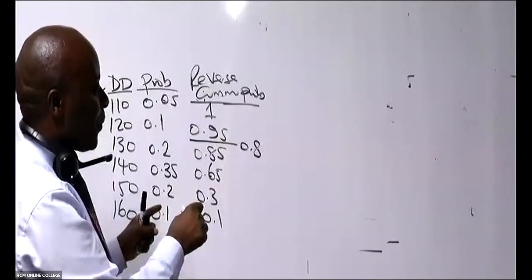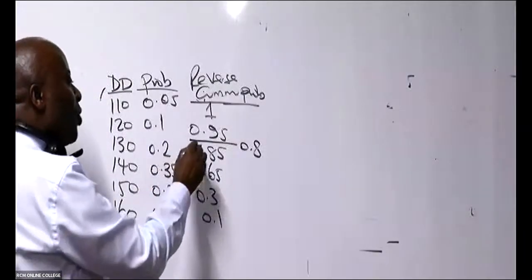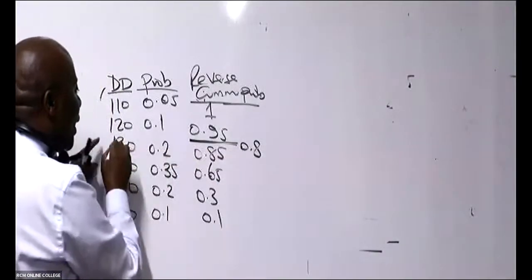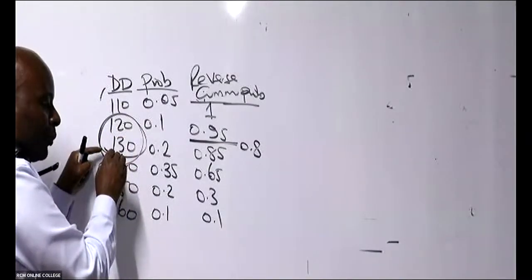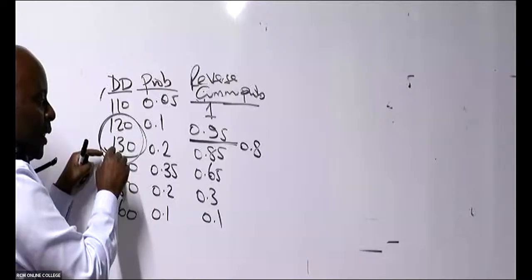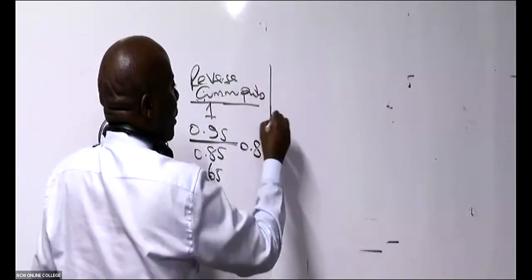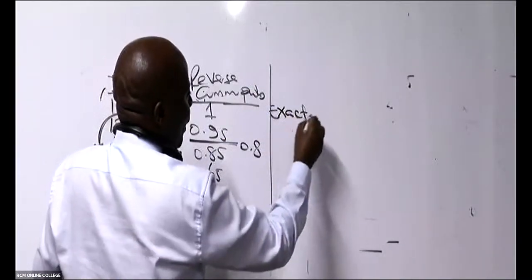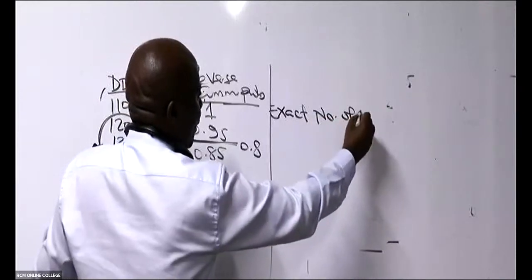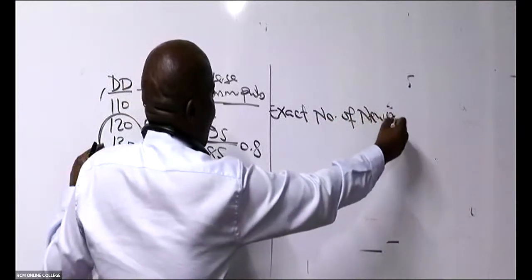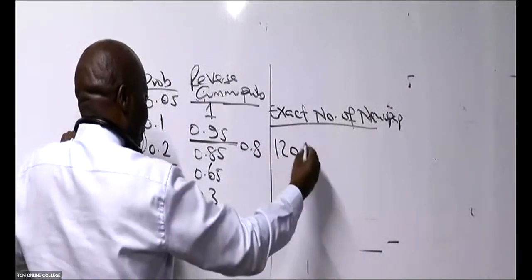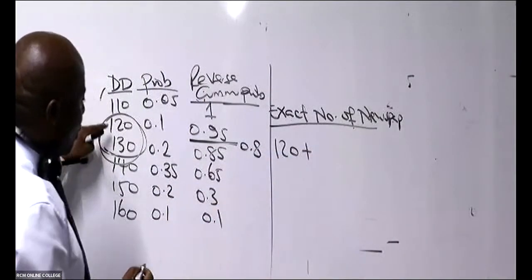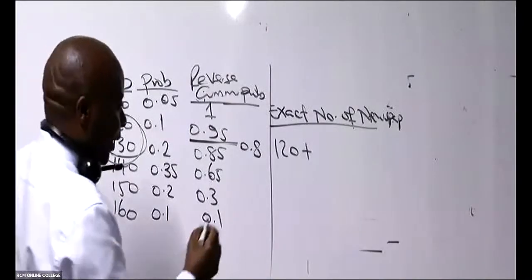So in this case, you have known that your 0.8 is in between here. So you know that the newspapers to be procured are between 120 and what here, somebody? Between 120 and 130, isn't it? So then how do we get the exact number of newspapers? We start with the smaller one always, plus the difference between the two numbers, 130 minus 120.